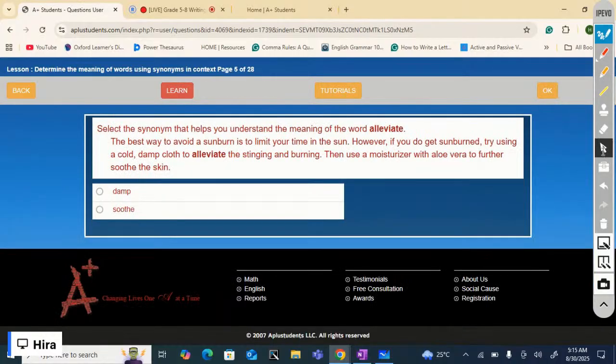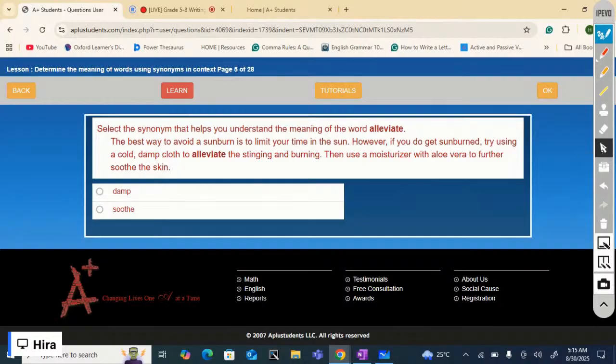Okay, select the synonym that helps you understand the meaning of the word alleviate. The best way to avoid a sunburn is to limit your time in the sun. However, if you do get sunburned, try using a cold, damp cloth to alleviate the stinging and burning.